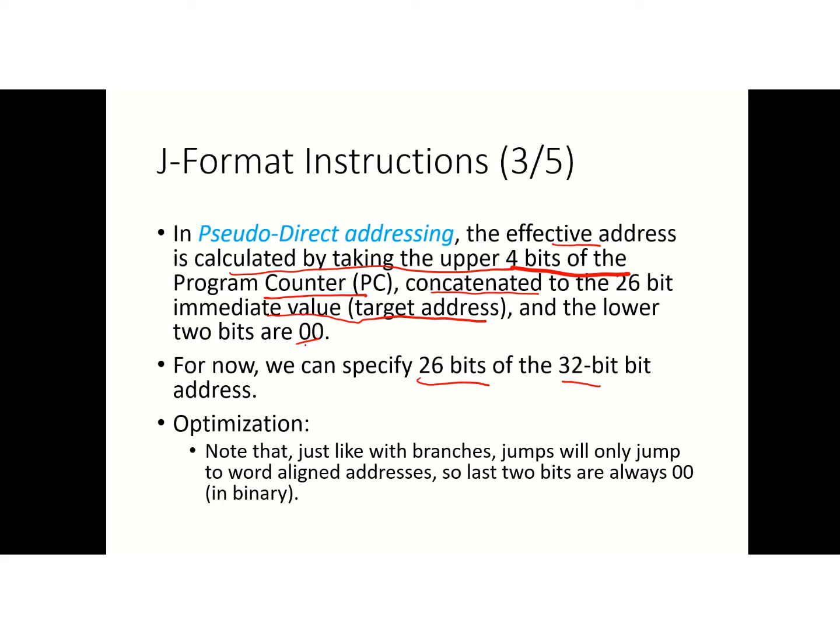You may want to ask why it is 00. Note that when the jump happens, it is to a word-aligned address. One word is equivalent to 4 bytes. Because 4 is represented as 100, when we jump we add 4, 4, 4, 4. That's why the 00 is concatenated with the target address.